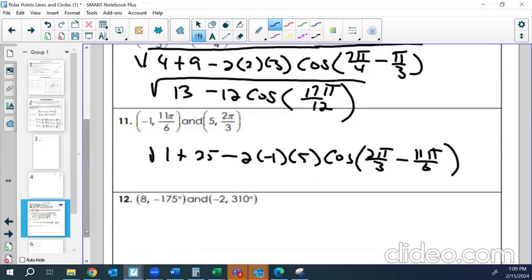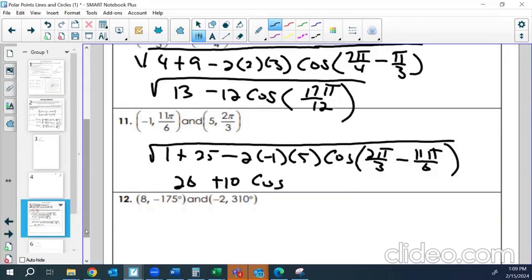And that's all under the square root sign. That gives me 26 plus 10 times the cosine. When you combine these two angles, that gives you negative 7 pi over 6.